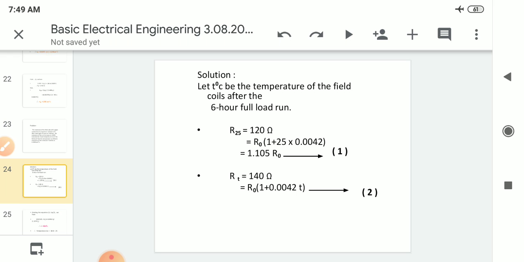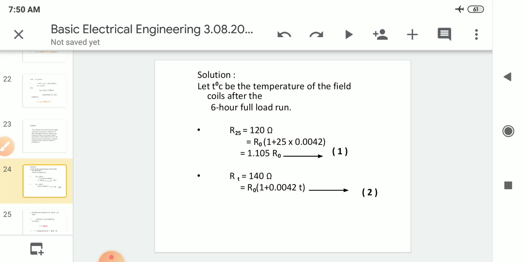Let T naught be the temperature of the field coils. Right, in that data they have given at 25 degrees. At 25 degrees we substitute the value of R and T. We are getting this first equation.